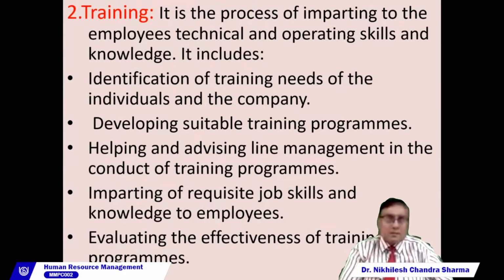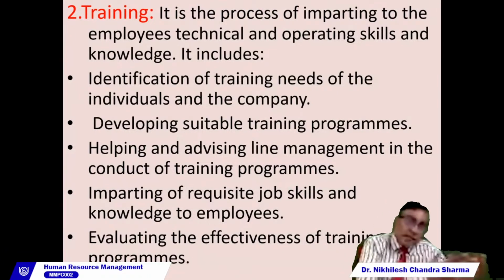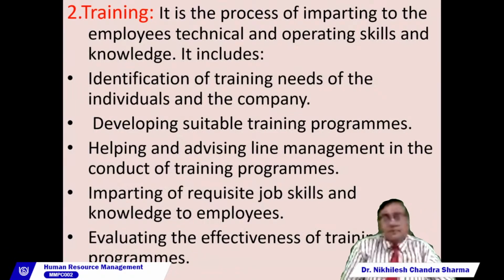The process is very important. The training process includes identification of training needs of the individual and the company.